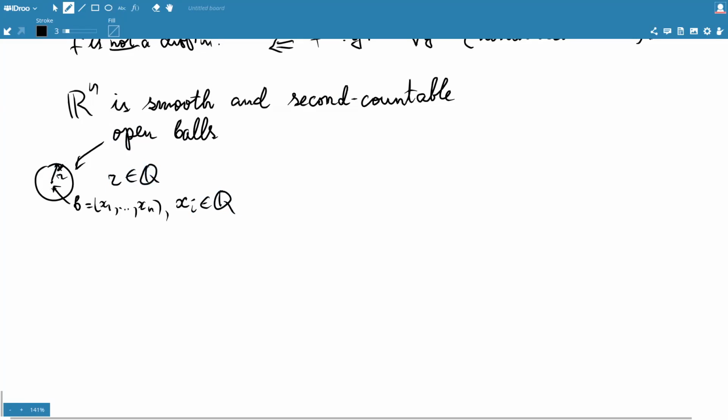So all such balls constitute a countable set, and this is very well known to be the basis of the standard topology in R^n.